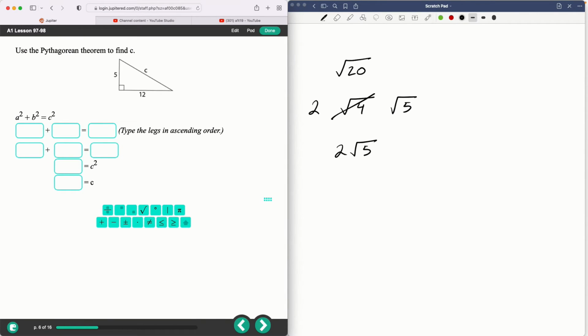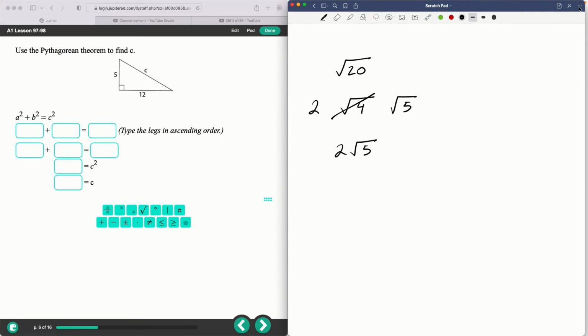Next one. Well, we're on number 6. Let me clear this over here just in case we need it. Same thing, ladies. We're just doing the same thing over and over again to this Pythagoras theorem.